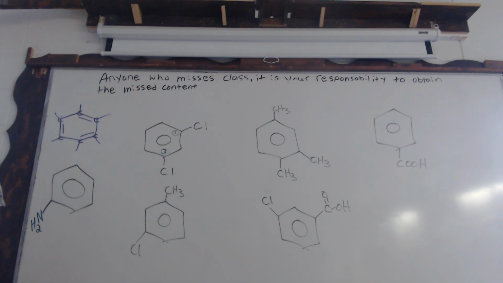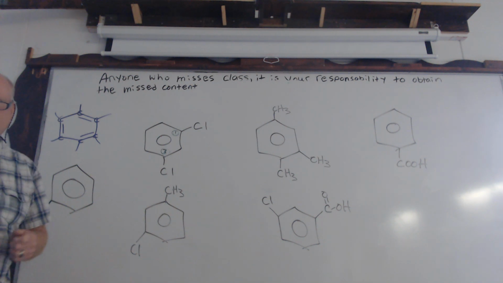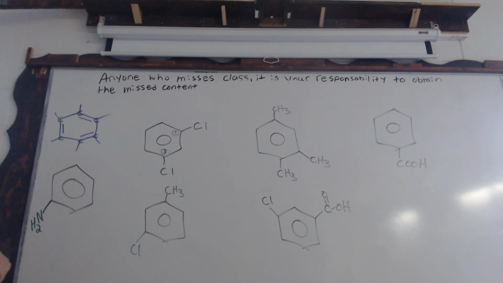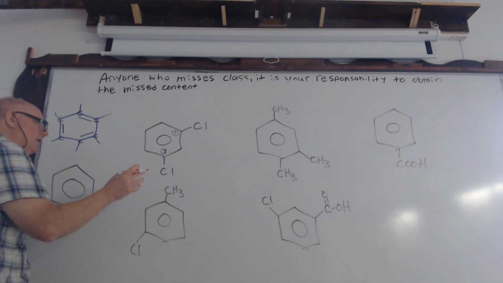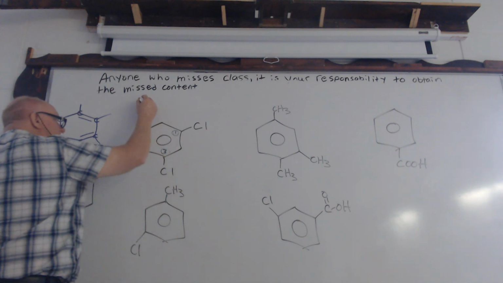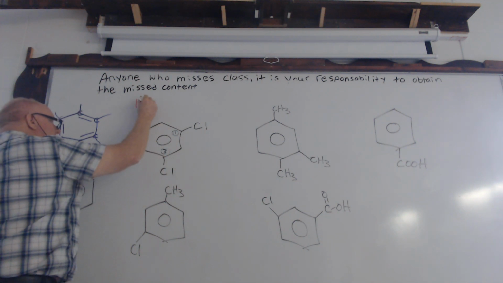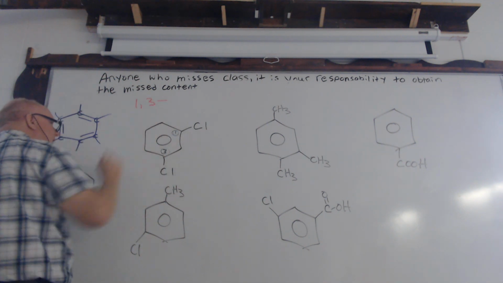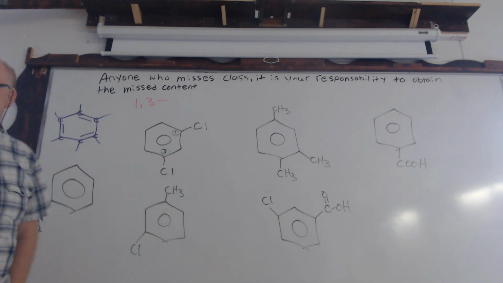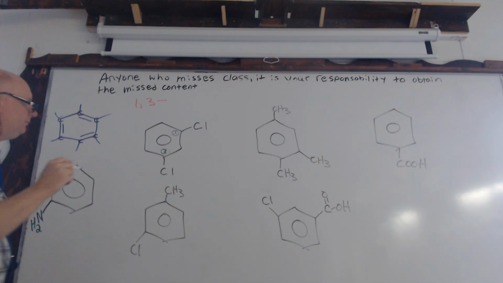It's not wrong if you don't. It's the same thing. It'd be meta. Exactly. Okay? So if you like the numbering system, that's fine. We have 1 and 3. You would do 1, 3 dash. How many chlorines do you have on there? You got 2. Okay?